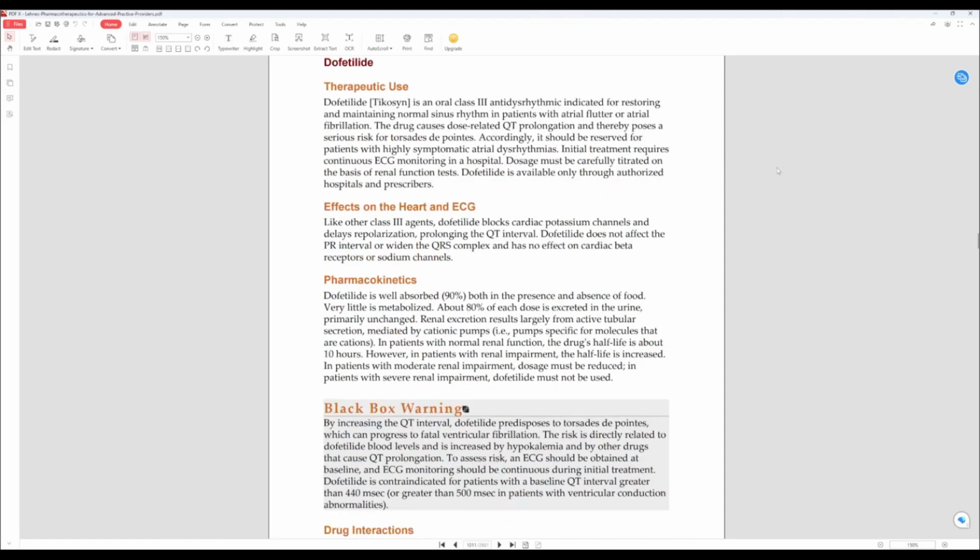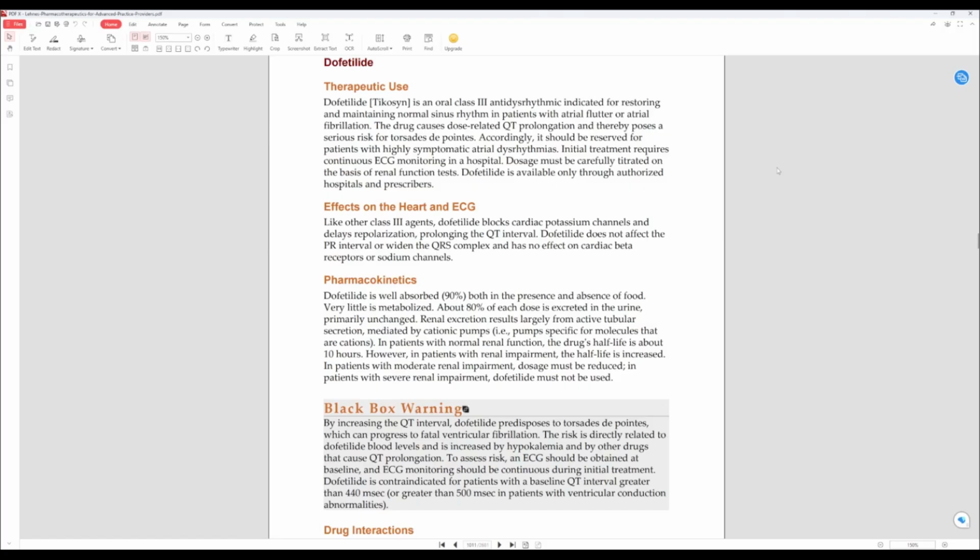So, for those who have never given Tikosyn before, you need to give an EKG about 1 hour after dosing the patient with their Tikosyn to assess for QT prolongation. So, reading here, effects on heart and EKG.